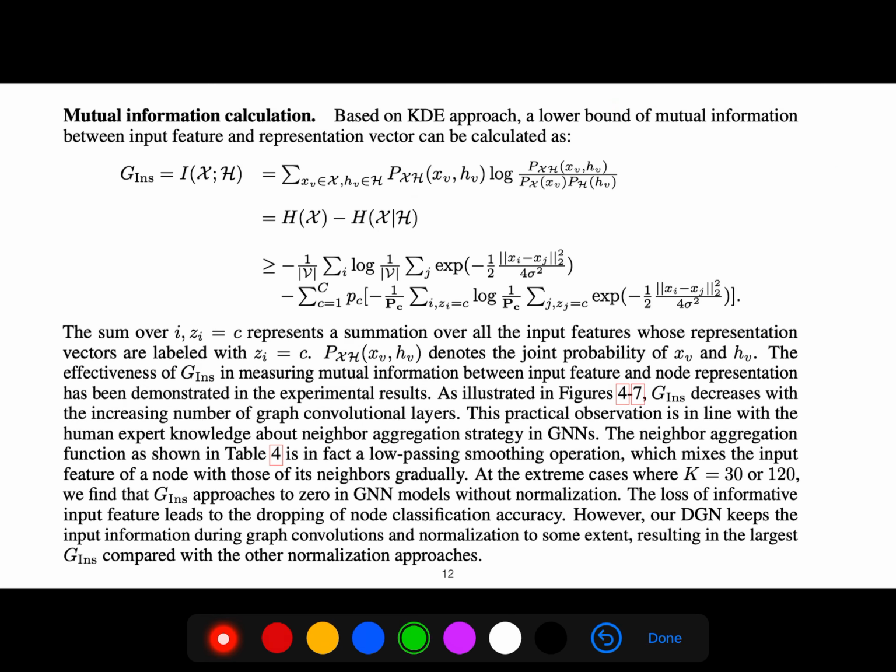So based on the KDE approach, a lower bound of mutual information between input feature and representation vector can be calculated. It is lower bounded by this one, and that's why we can calculate it, because this is simple to calculate.